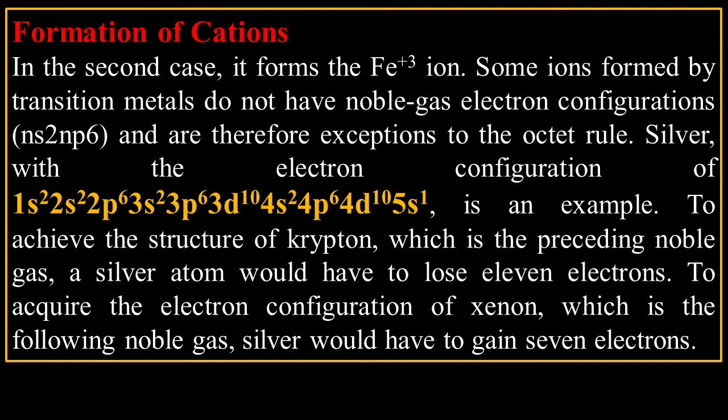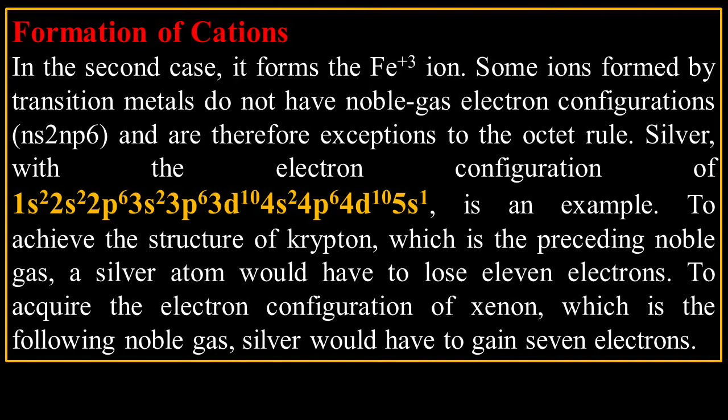Some ions formed by transition metals do not have noble gas configurations and are therefore exceptions to the Octet Rule. Silver, with an electron configuration ending in 4d10 5s1, which is really an off-bow filling, is an example.